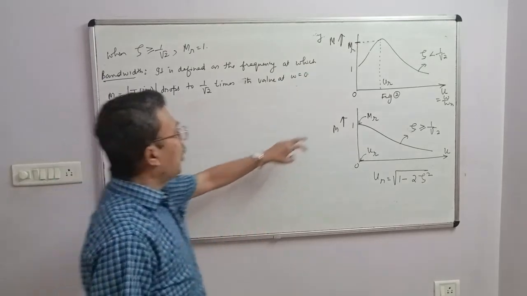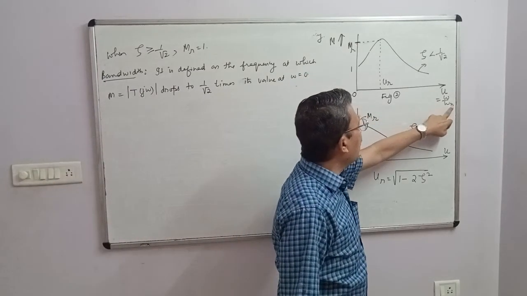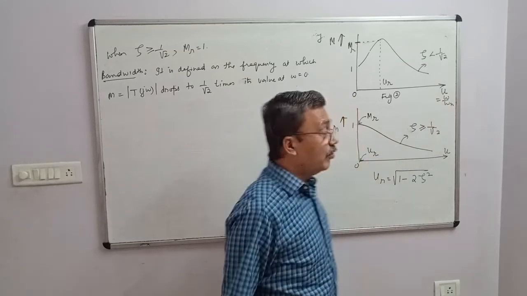Omega equal to 0 is the same as u equal to 0. U is omega by omega n. If omega is 0, u is 0.